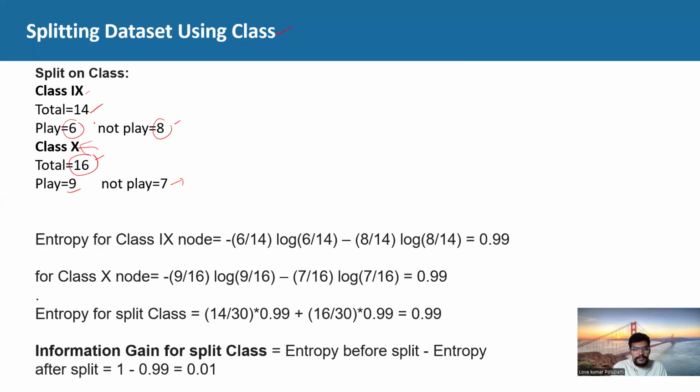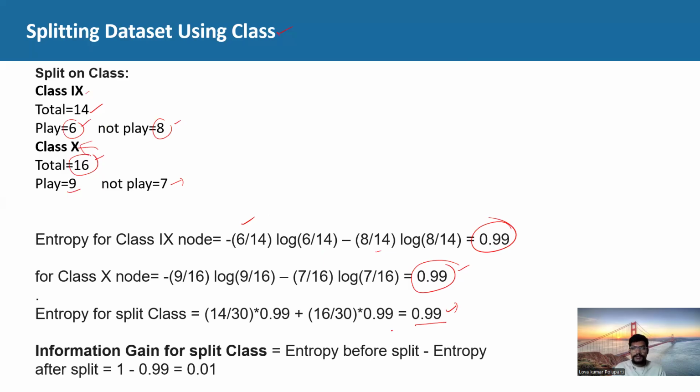In class 9, 6 out of 14 are going to play and 8 out of 14 are not going to play. So in class 9th, entropy is 0.99. In class 10th it's also 0.99. The overall class split entropy is 0.99 again.